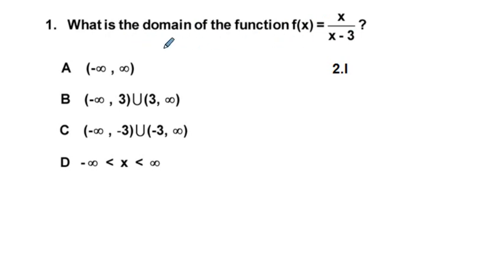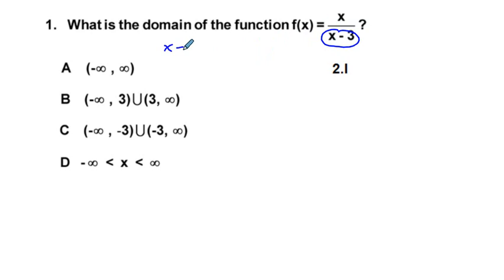First problem, what's the domain of the function f(x) equals x over x minus 3? So what we're going to do here is look for what x cannot be, so it's kind of management by exception. Our denominator, which is x minus 3, cannot equal 0.